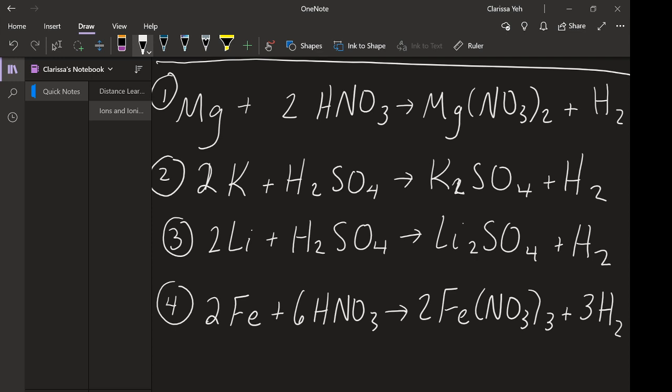After you've split the compounds into its charged ions, then you're going to find any ions that are the same on both sides, cancel them out, and then rewrite it. So 3 steps: split the compounds, cancel out any ions that are the same on both sides, and then step 3, rewrite it.